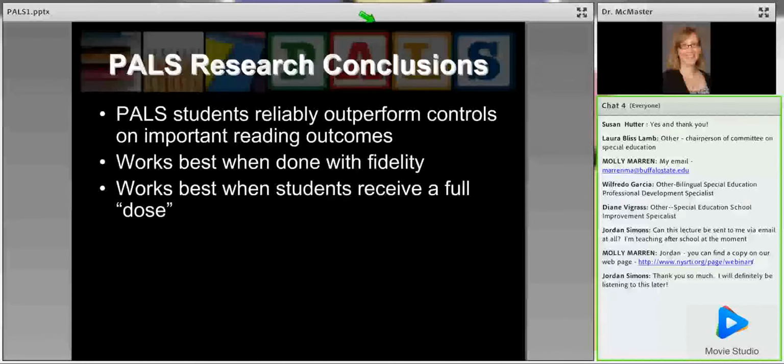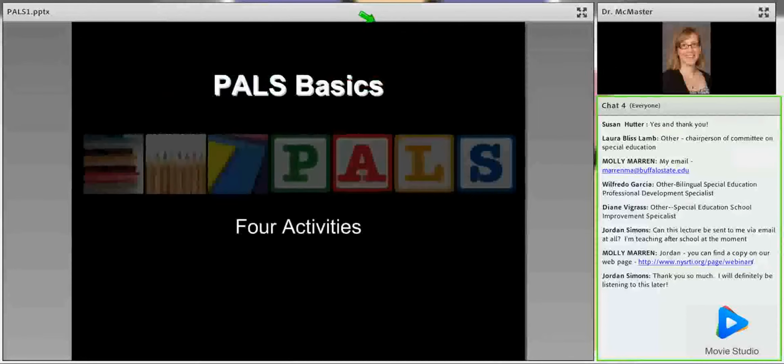You can certainly do it beyond then, but that's what we would consider a full dose. And there's some evidence that when students miss a lot of PALS sessions or it's not done on a regular basis, then they're not as likely to experience the same kinds of achievement gains as if they did receive the full dose. So that's just another thing to keep in mind as you're implementing PALS.